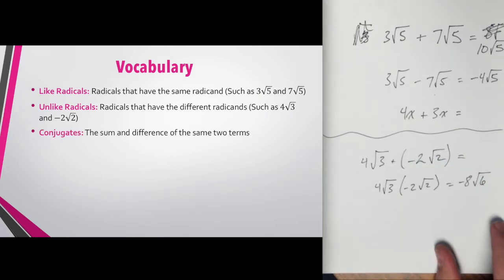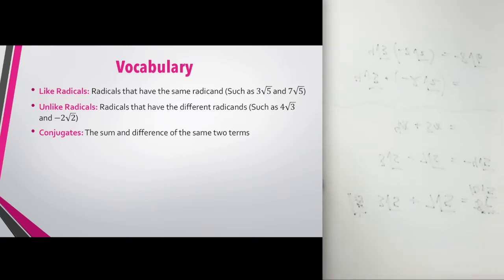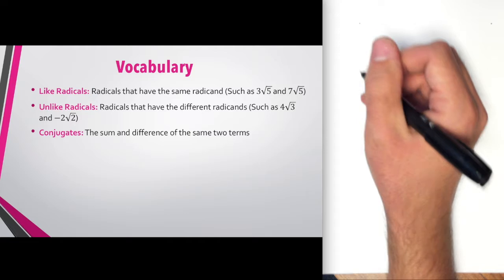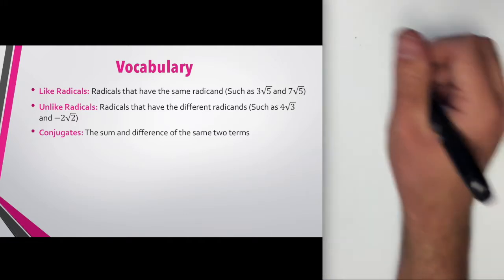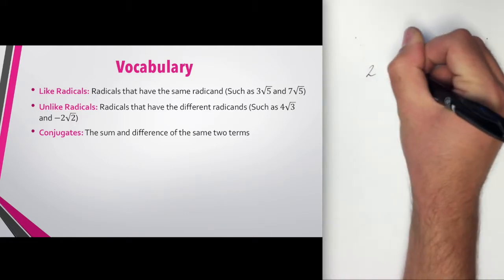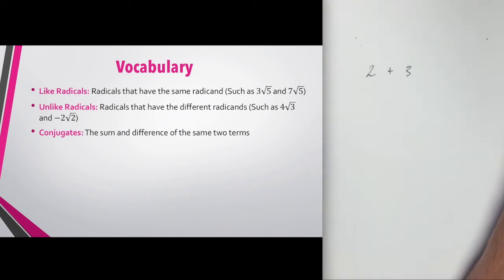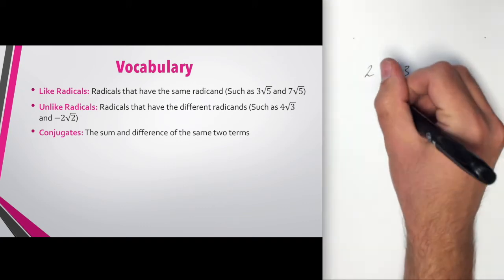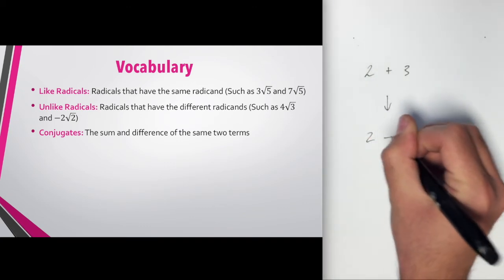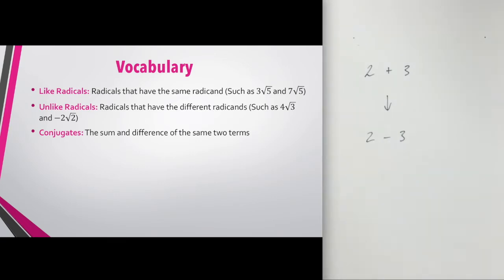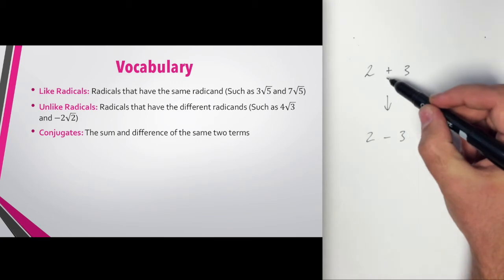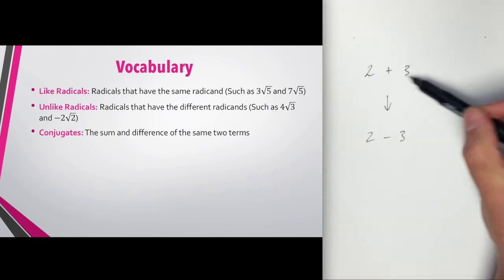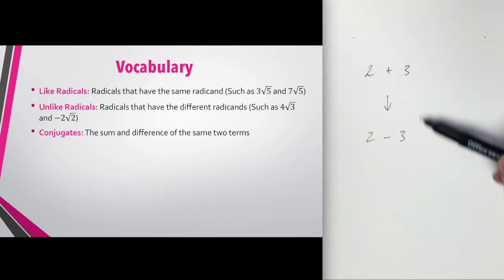The last vocab word is conjugates. Conjugates are the sum and difference of two terms. So if you imagine 2 plus 3, we know of course that makes 5. The conjugate of that would be 2 minus 3. The thing you need to keep in mind is that the 2 and 3 don't change places between these.